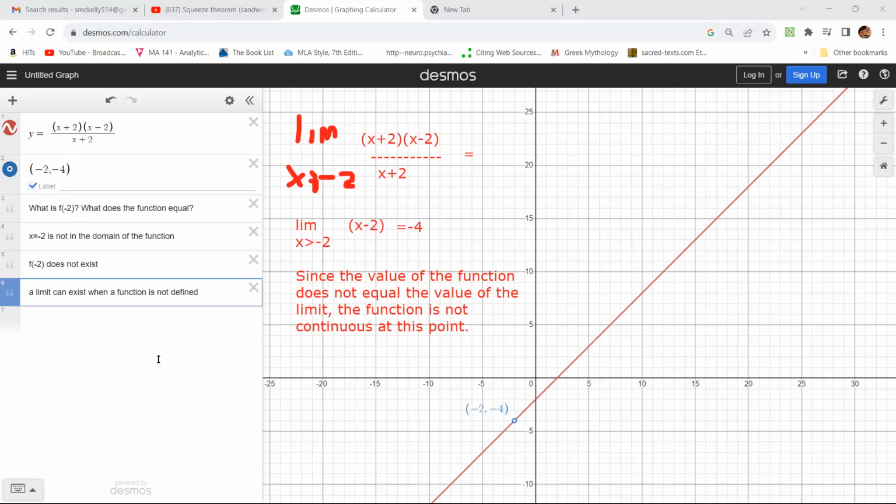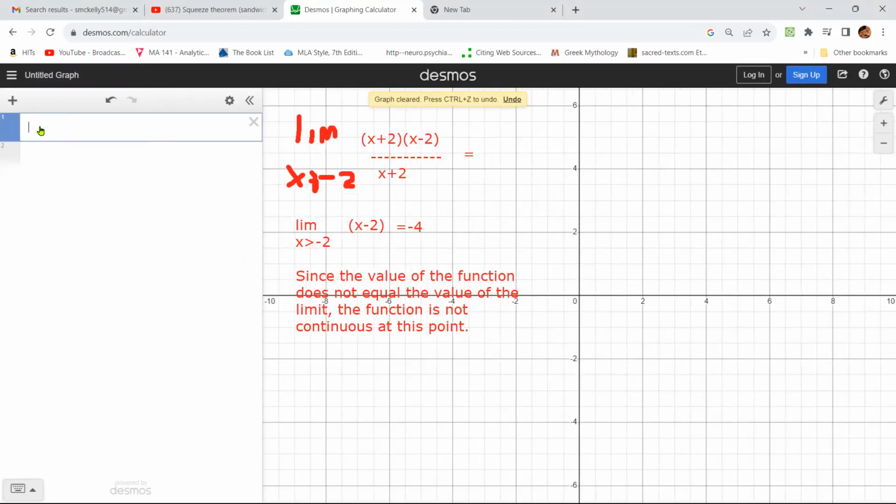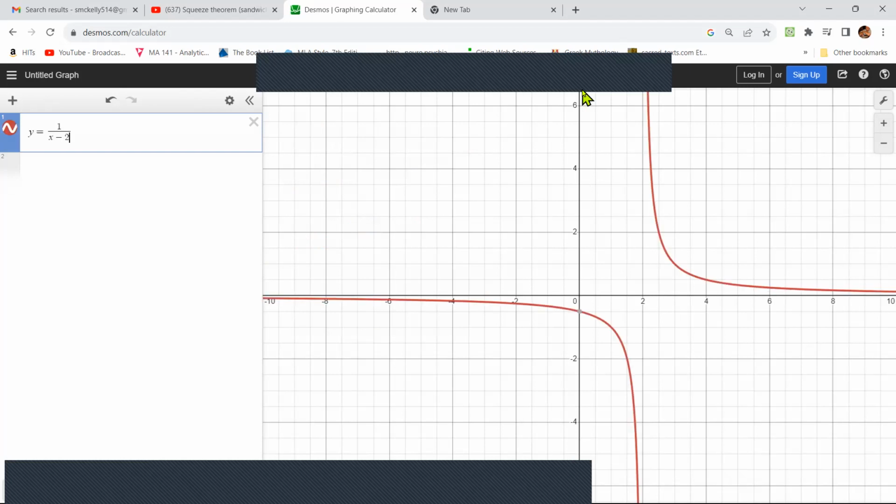Now suppose that I gave you this example. Let me change this. Let me clear the drawings. Suppose I said y is 1 over x minus 2.